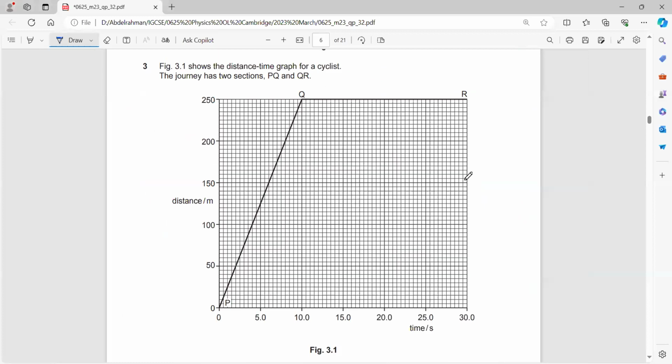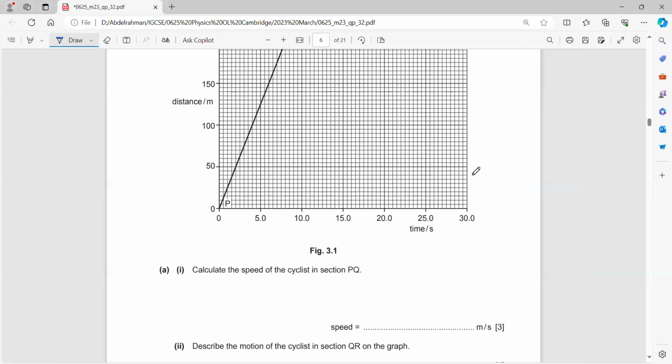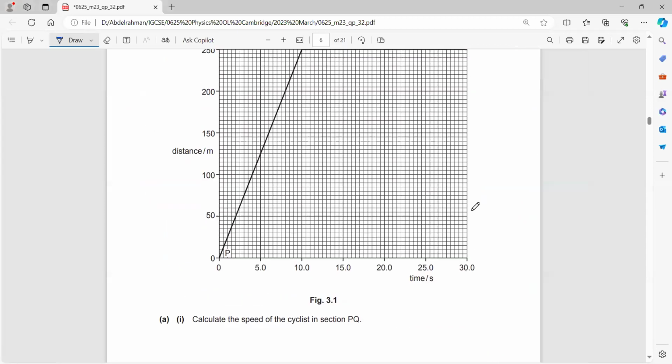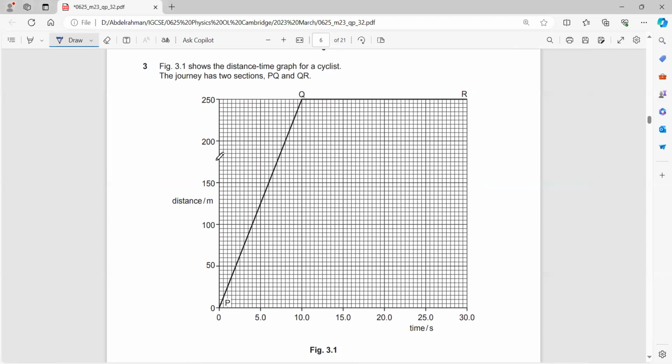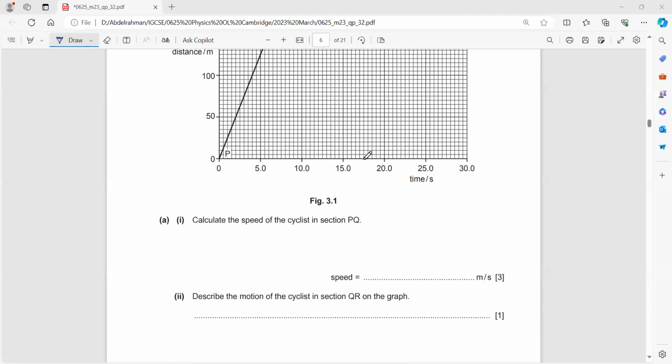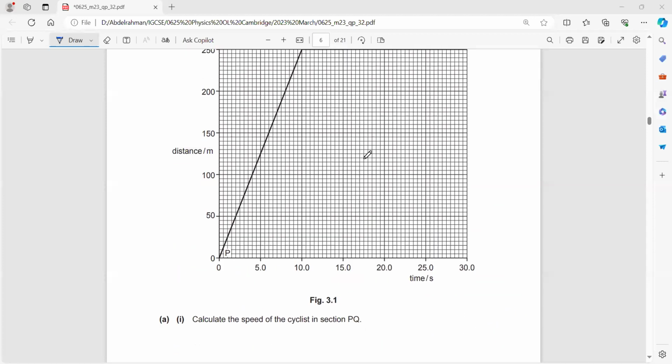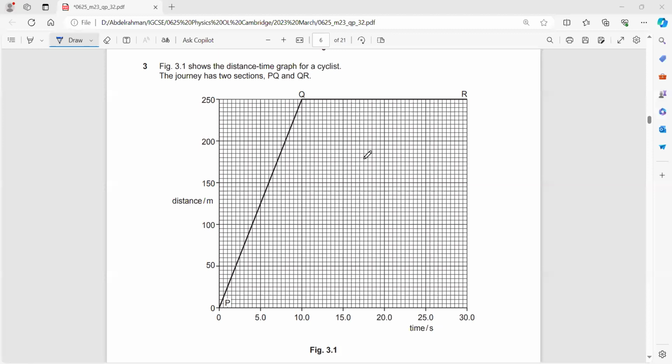This is a distance time graph for the cyclist. Calculate the speed of the cyclist in section PQ. Speed equals distance over time, so 250 over 10. For this question, it's quite easy to say distance over time. To be more accurate, we can find the slope. In this question, the slope would also be 250 over 10.